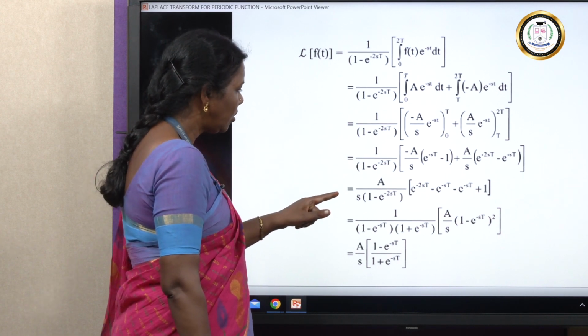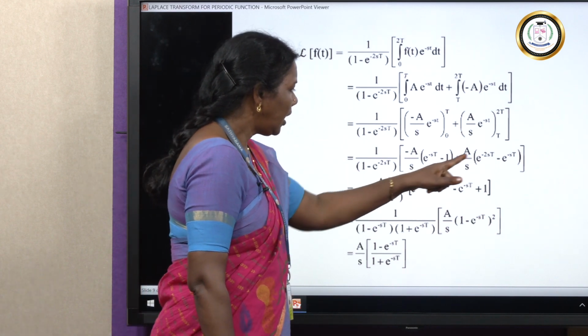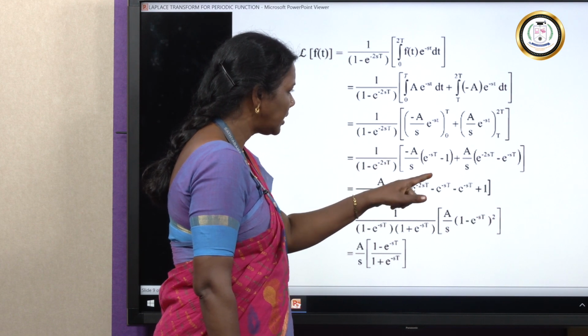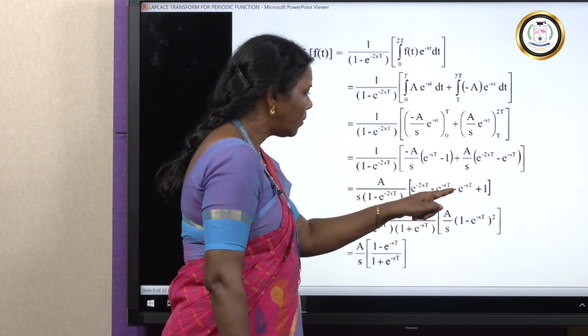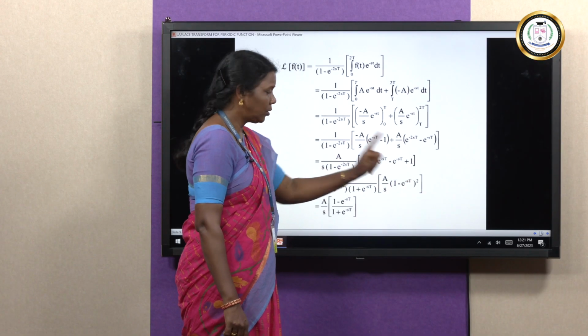So a by s times (1 minus e to the power minus 2sT), and here e to the power minus 2sT is one negative term, minus e to the power minus sT is another negative term, so minus e to the power minus sT, plus 1, minus minus becomes plus, so plus 1.